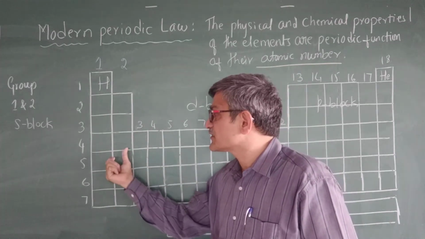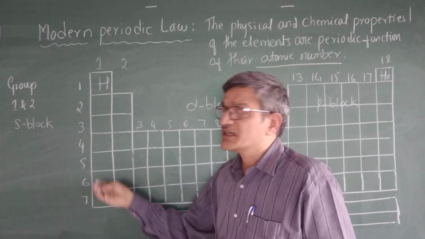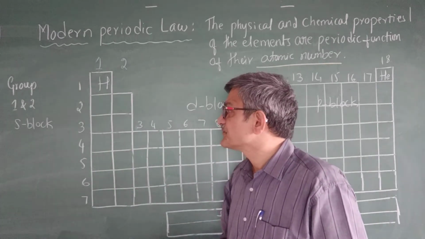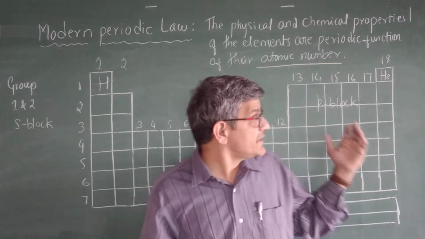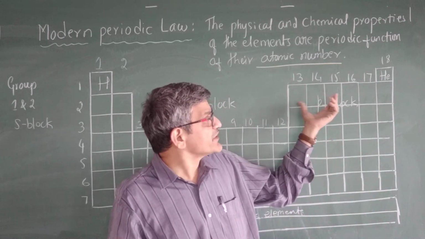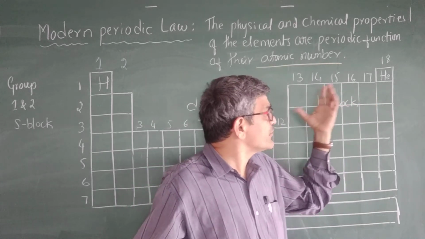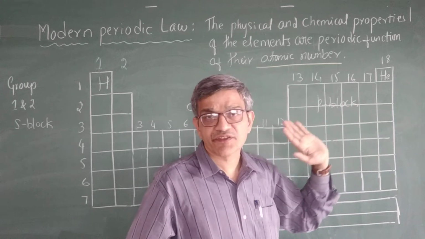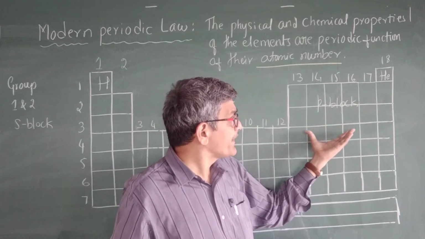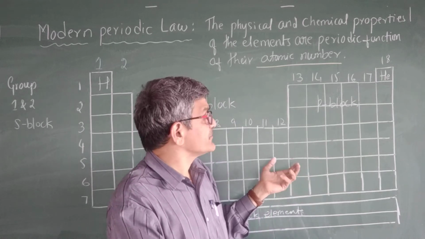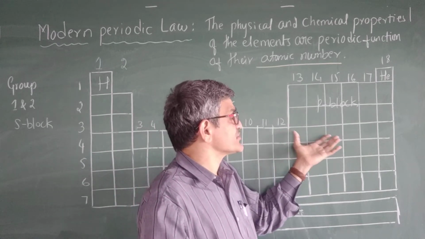They are also called metals. Alkali metals are the first group, the second is the alkaline earth metals. Then on the right side, P block elements, from 13 to 17 is P block. 18 is also considered P block, but it is especially called the noble gases, where the outermost shell electrons are complete.